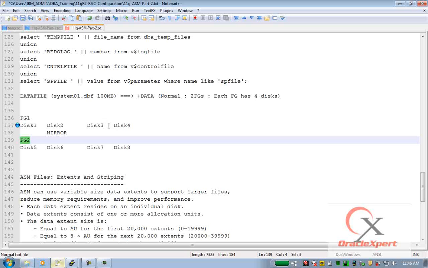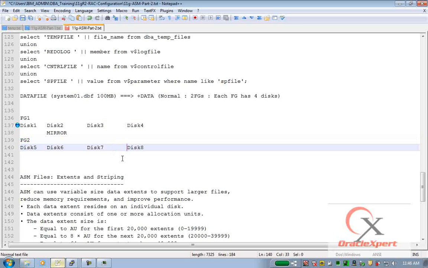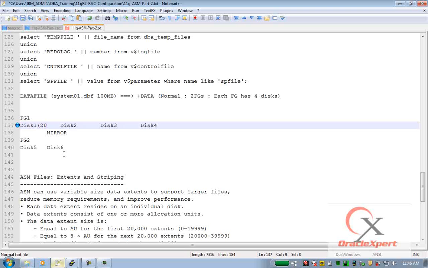It is quite possible, although it seems somewhat unlikely, that why would somebody do it this way, but this is quite possible, that I have 4 disks in my failure group, and each of these disks is of 20 GB.